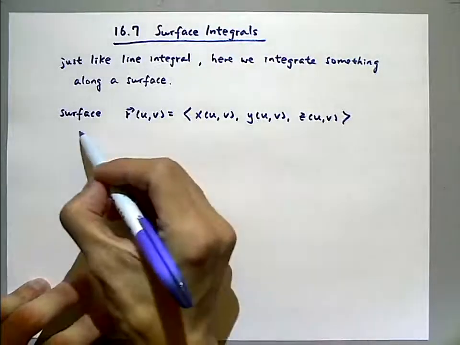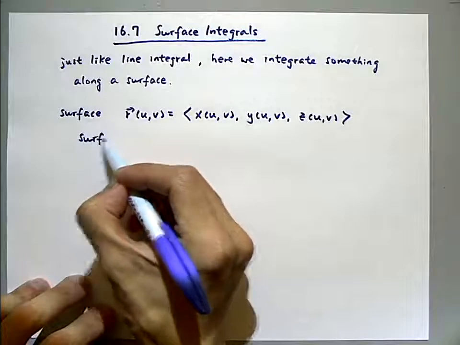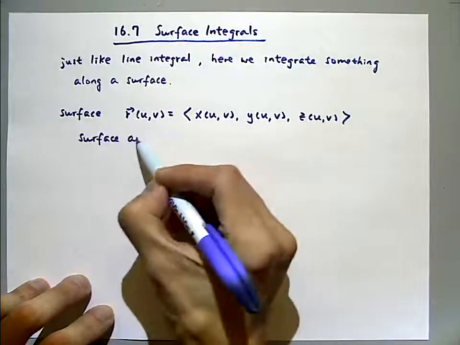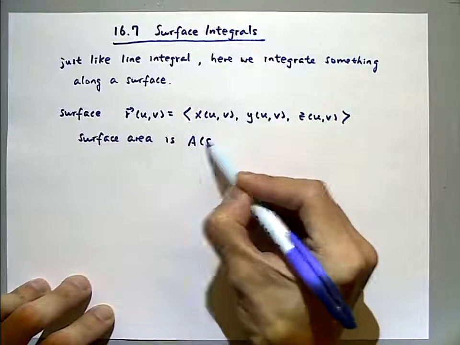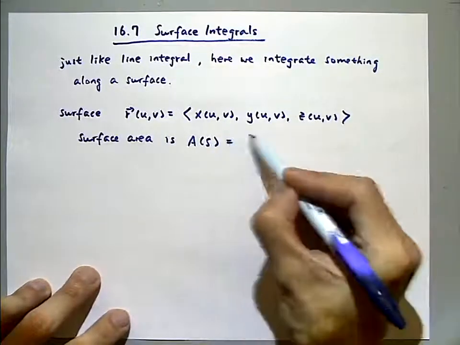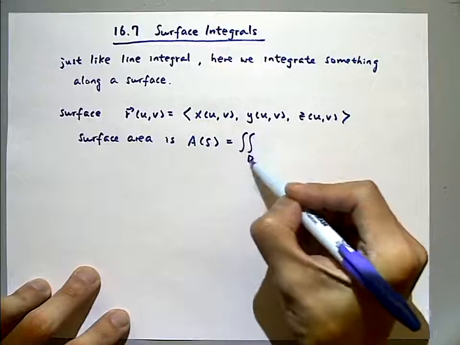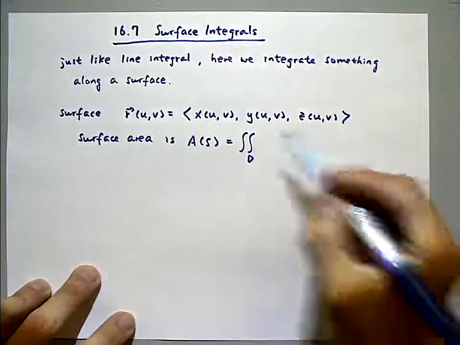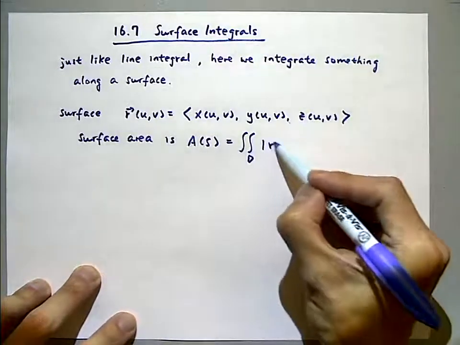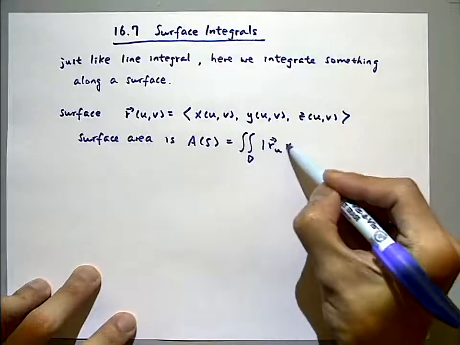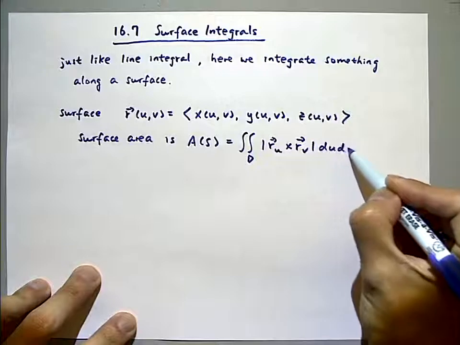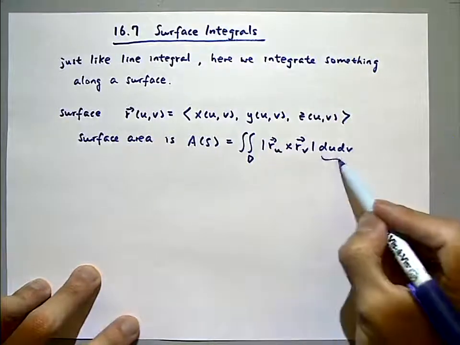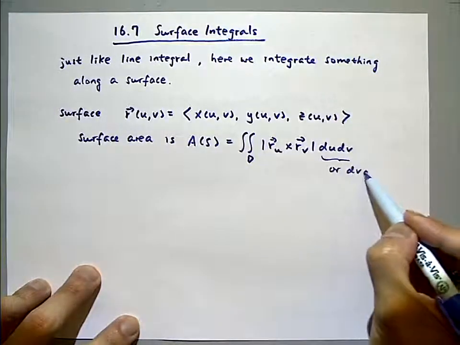Last time we saw that the surface area A of S is a double integral over the domain of the parameters D of the magnitude of Ru cross Rv, du dv, or dv du.